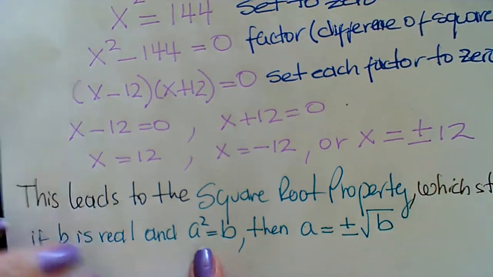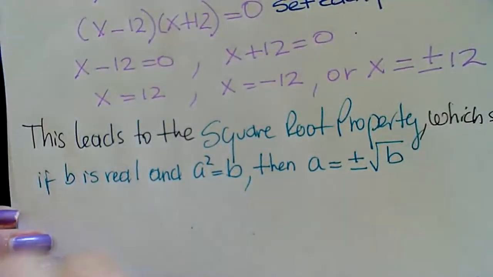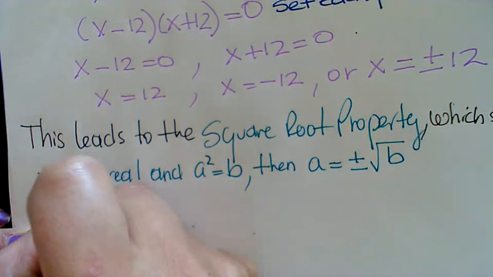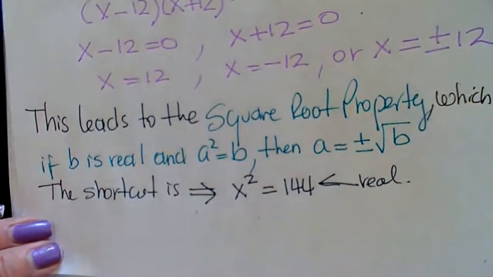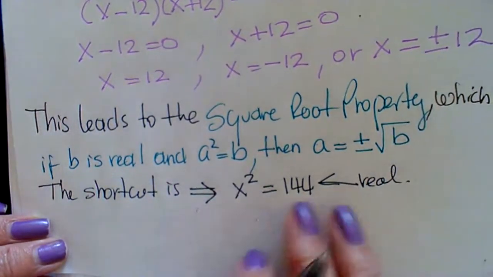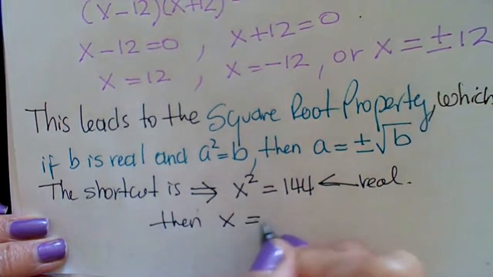So the shortcut is this. Let's do it. x squared equals 144, right? And 144 is a real number. So then if we apply the square root on both sides, what do we get? x is equal to what?